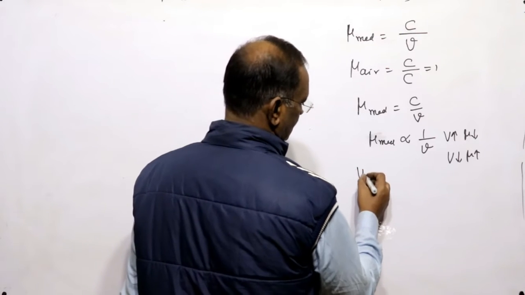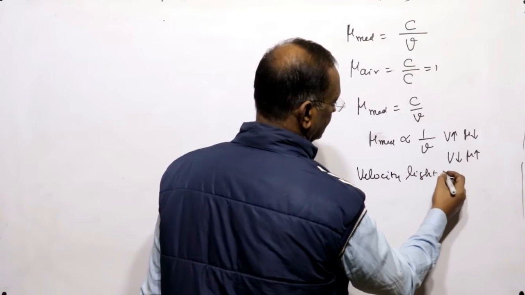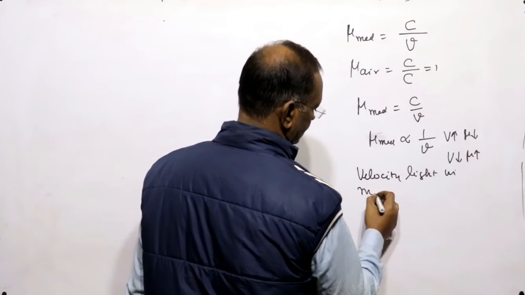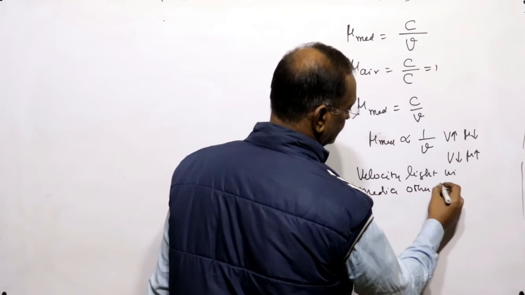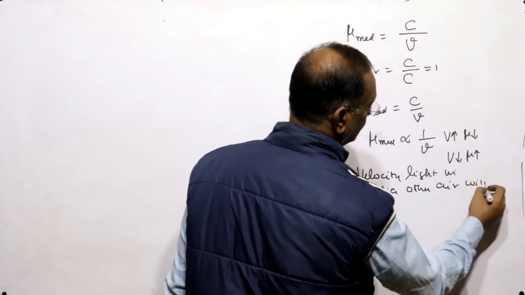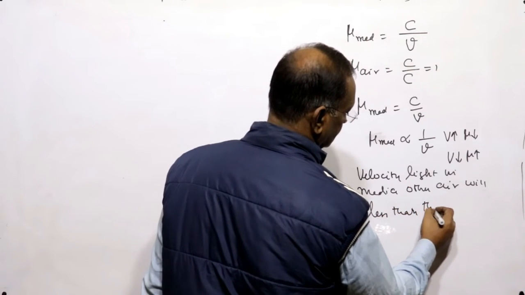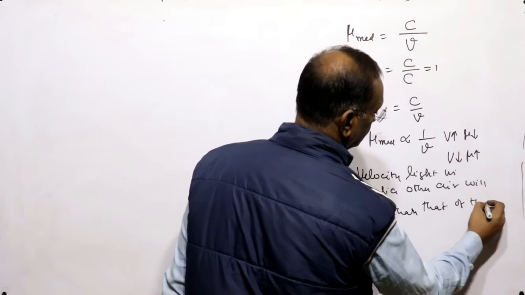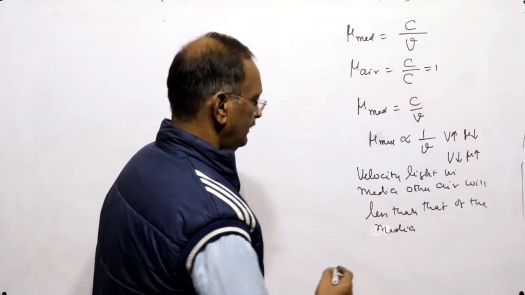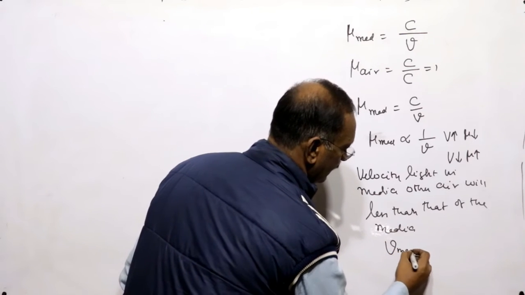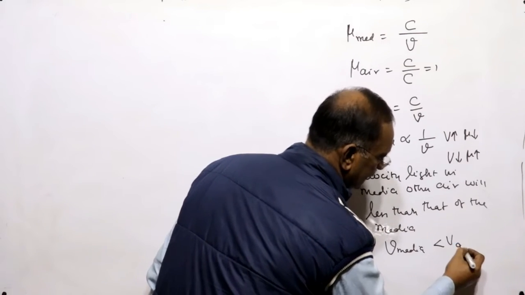Therefore, the velocity of light in media other than air will be less than that. That is, the velocity of light in a medium is less than the velocity of light in air.